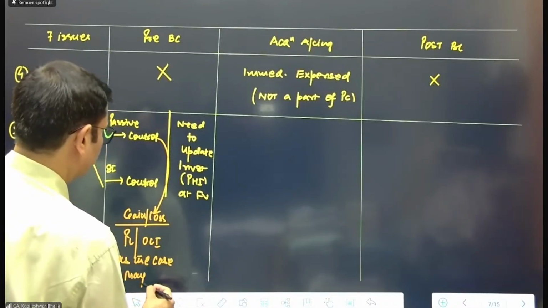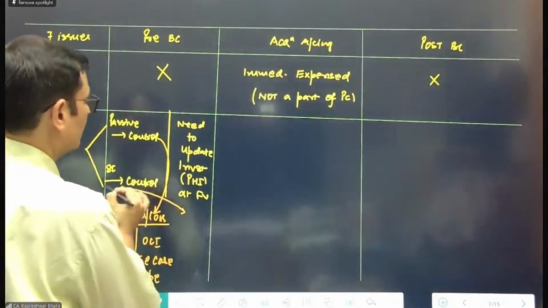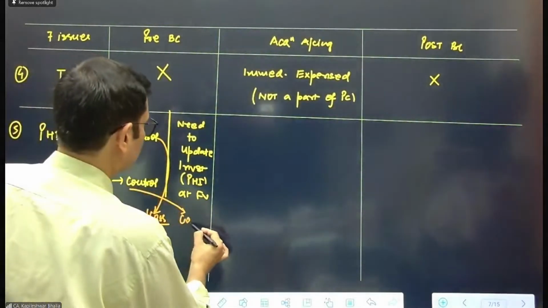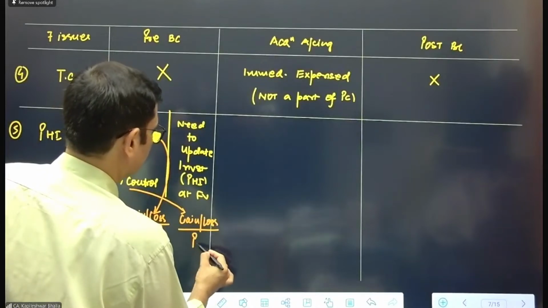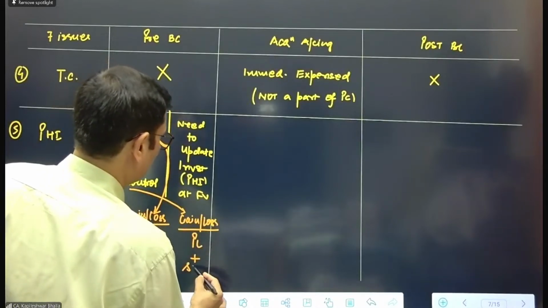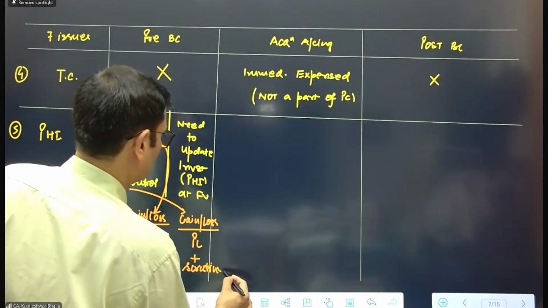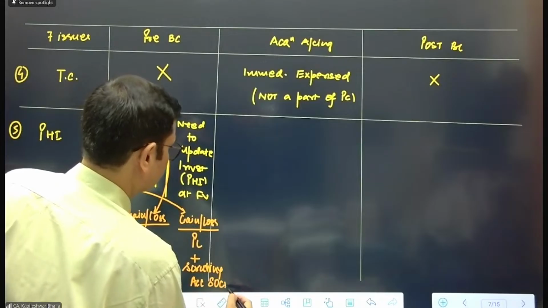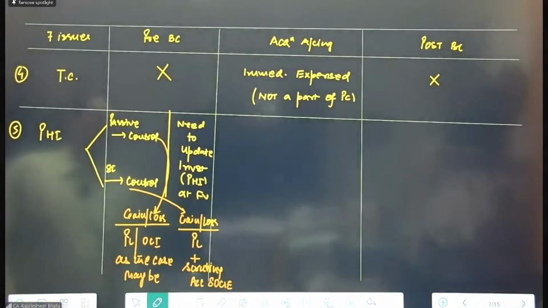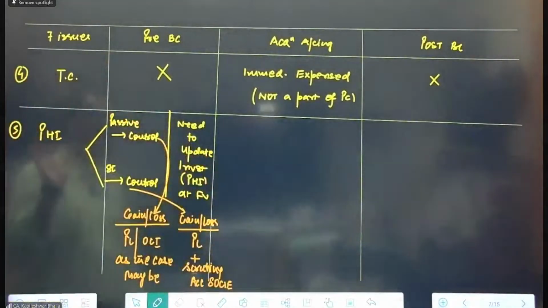And if it is a case of significant influence to control, the gain or loss is going to go in the P&L? Yes, sir. And there will be a scrutiny of the accumulated OCI, correct? Yes, sir. The rest of the details you have in the chart, so I'm not putting that, but I just put the basic input in this particular chart.